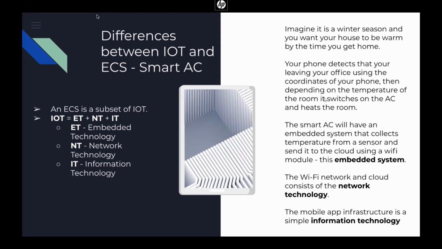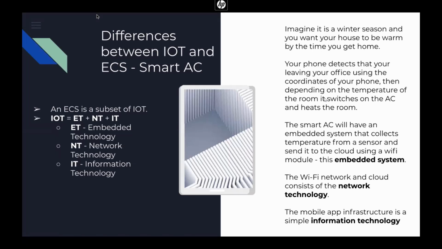And then from there, it can initiate a smart AC at your home to turn on. This smart AC will be an embedded system which will collect information like the temperatures from the sensors and then send it to the cloud. That will be an embedded system.